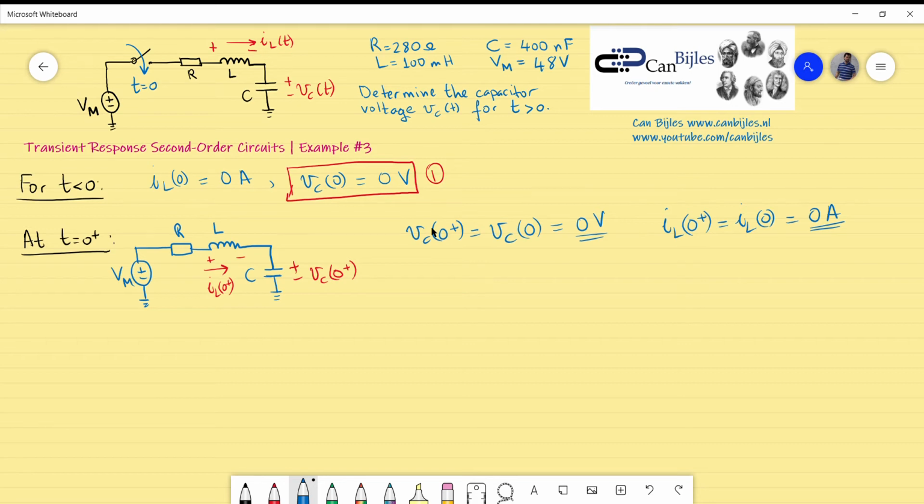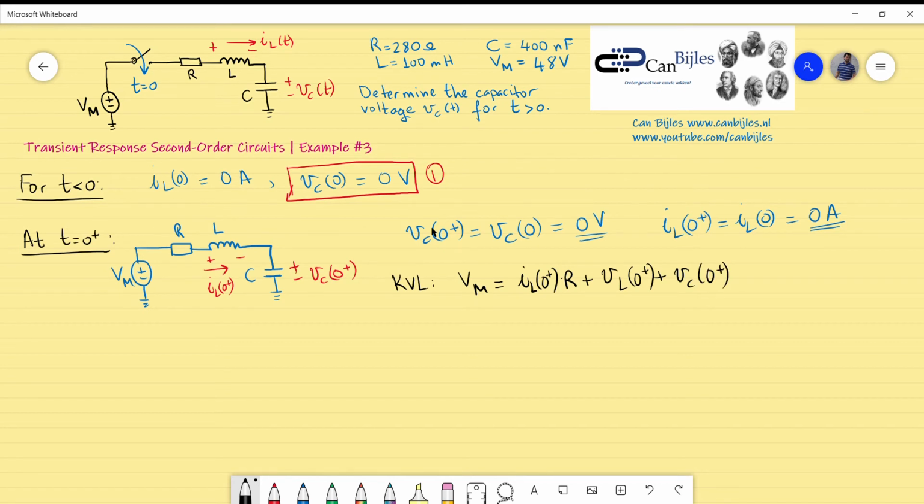Now if I carry out the analysis using the Kirchhoff law here, what do I have? Vm is equal to the inductor current IL times R, that is the voltage drop across the resistor, plus VL plus the capacitor voltage. Now if I evaluate this at 0 plus, what do I get?